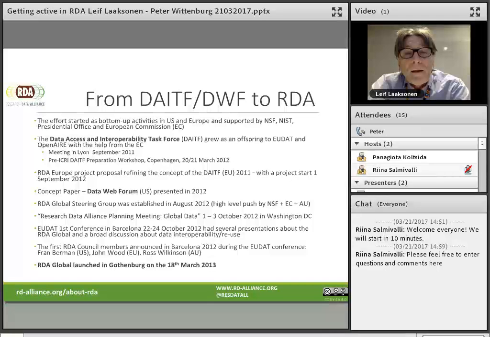And the beginning was interesting because the proposal we actually put in was pretty much different from what eventually came out from the RDA Europe 1 project, because the world was changing rapidly, and to liaise the needs which we had on a global scale didn't really reflect everything which we had foreseen in our proposal to the Commission.